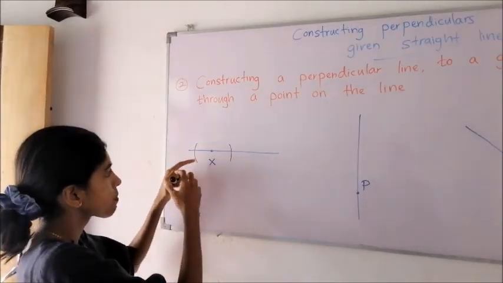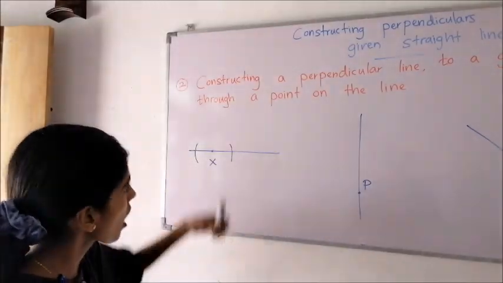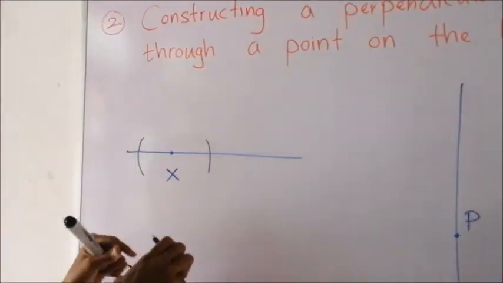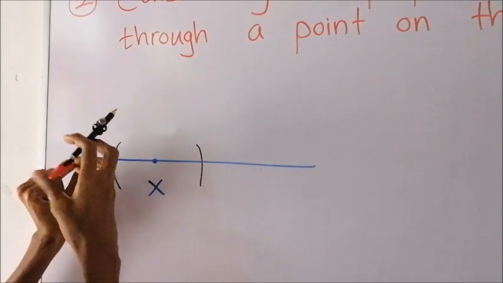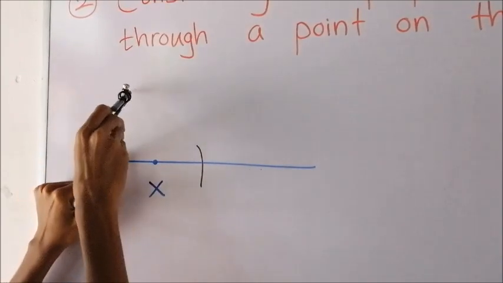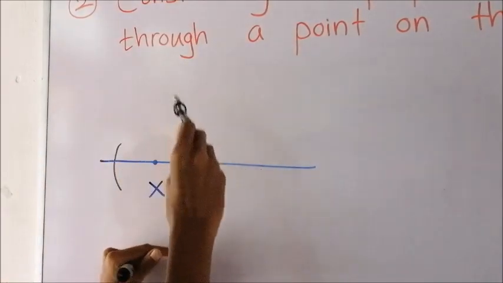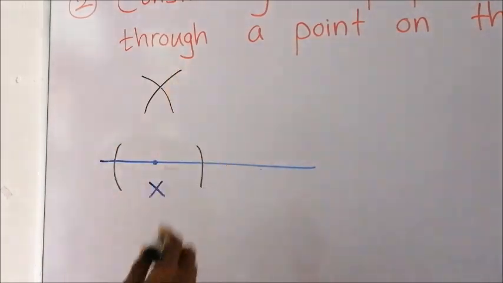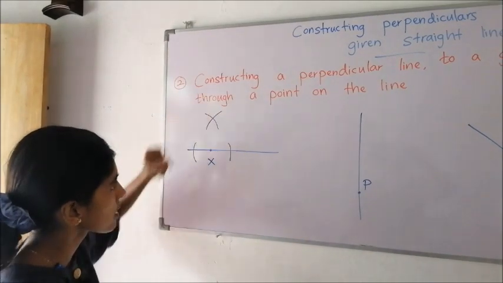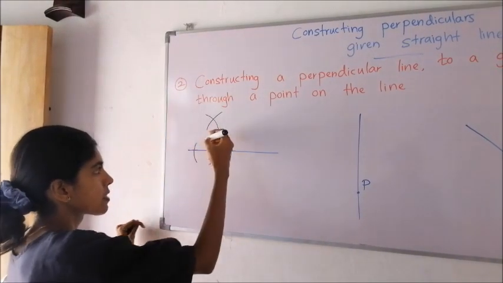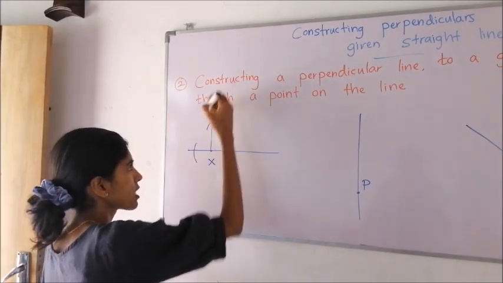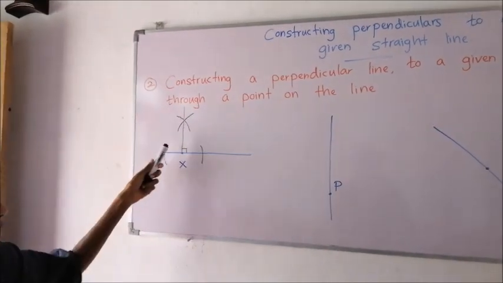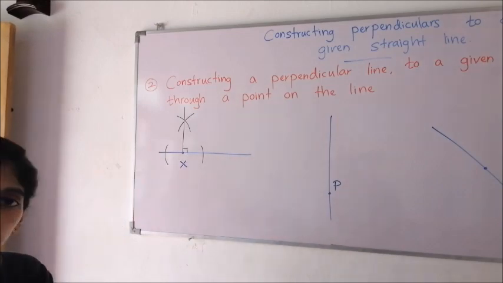By keeping the middle point again, up or down, you can draw another 2 arcs as if to intersect. Now we can see an intersection point. That point and this point on the straight line can be joined. Here we have constructed a perpendicular to the given line.